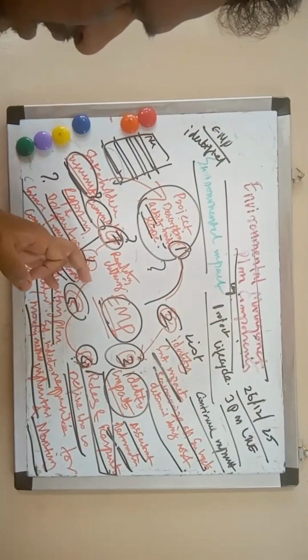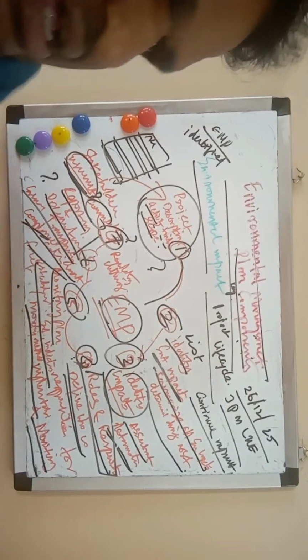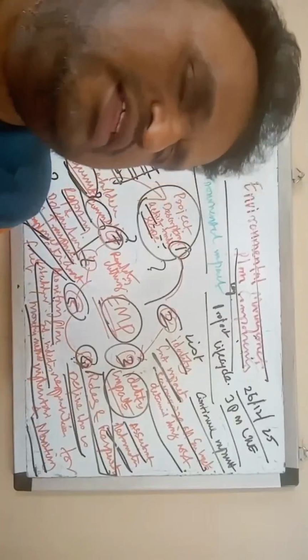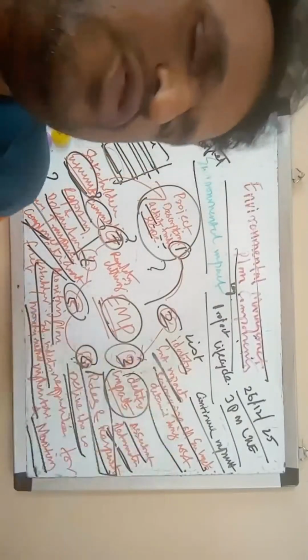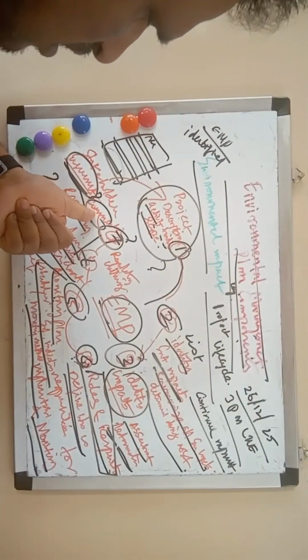Then next one is reporting and documentation. Reporting means how should you report and in what way you will report, and what things you have to mention in that report. Then you have the stakeholder report.